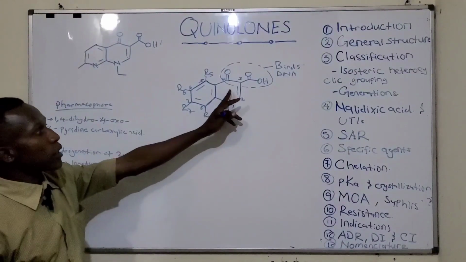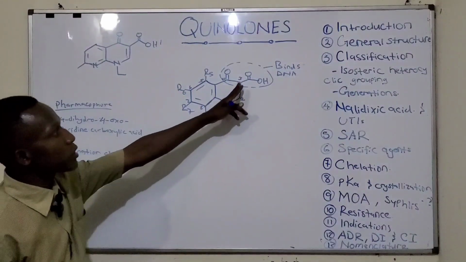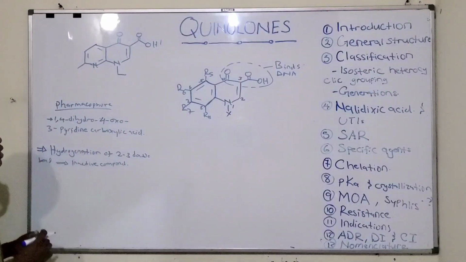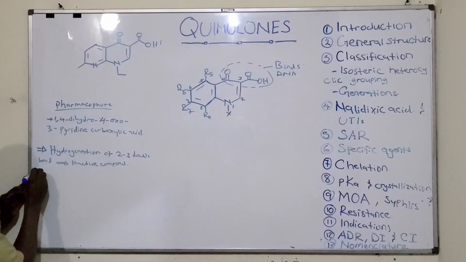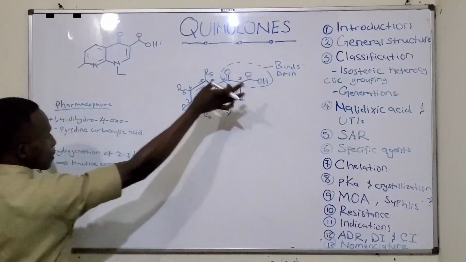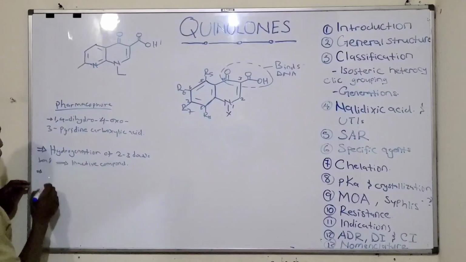If this double bond is hydrogenated, or these carbons are made saturated, it leads to an inactive compound. We say these ones are responsible for binding to the DNA so that they need the activity of the DNA gyrase.